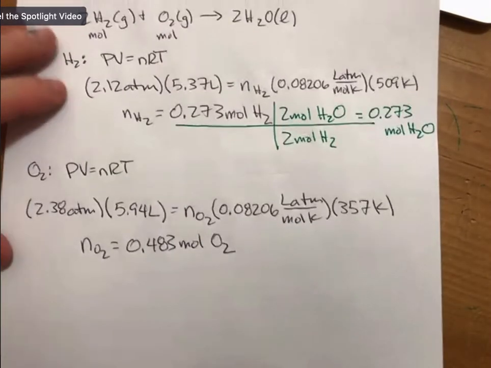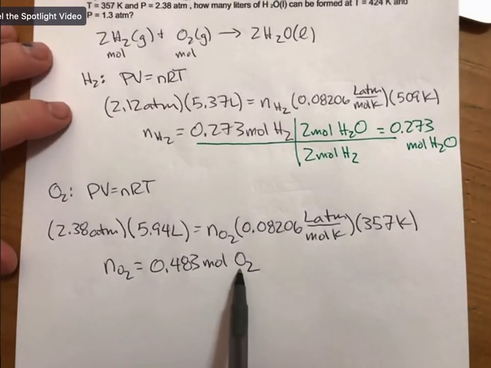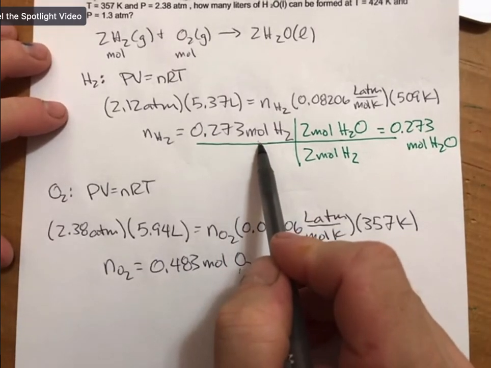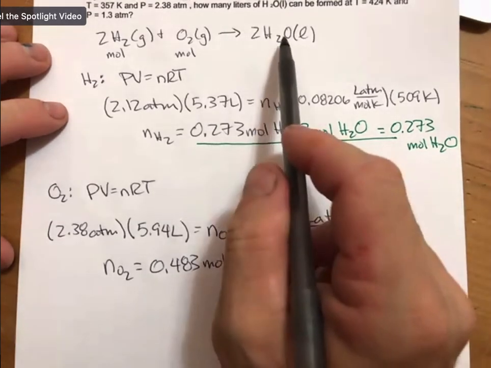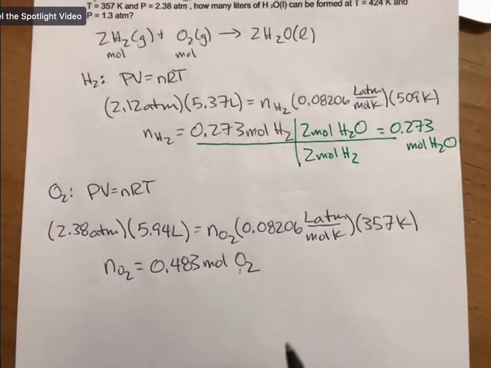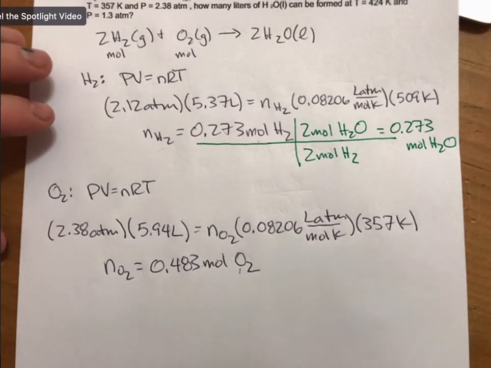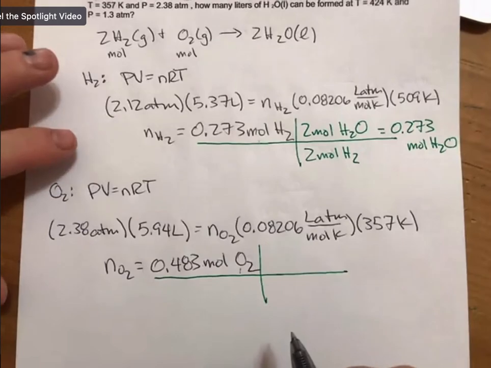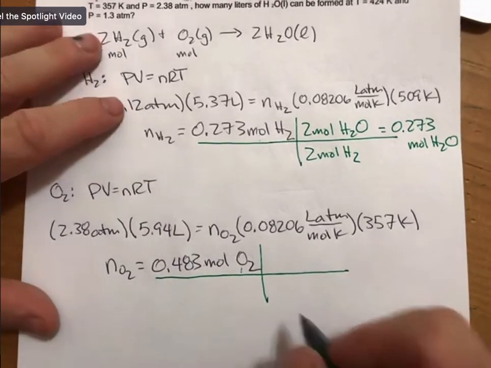And so one thing I'll say about this is if you get to moles of oxygen and you can see that it's larger than your moles of hydrogen, and you know that it produces double the moles of H2O, you can tell right away that hydrogen is your limiting reactant and oxygen is your excess reactant. Or you can go ahead and show it, but if you got to this point and you just wrote hydrogen is the limiting reactant, that would be fine.